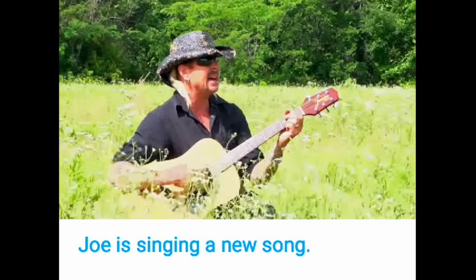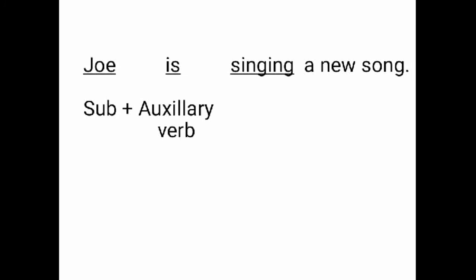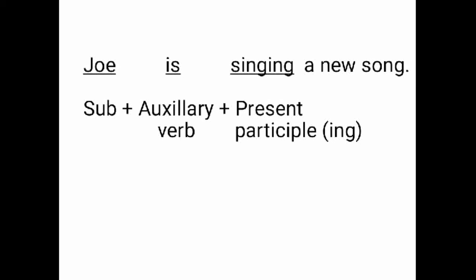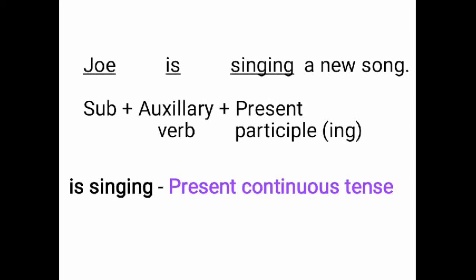Next, Joe is singing a new song. Again you have subject plus auxiliary verb plus present participle ing to the main verb in this sentence. Is singing is the present continuous tense.